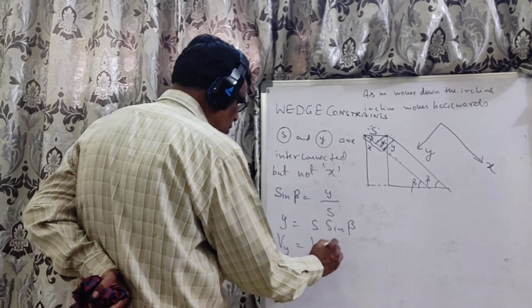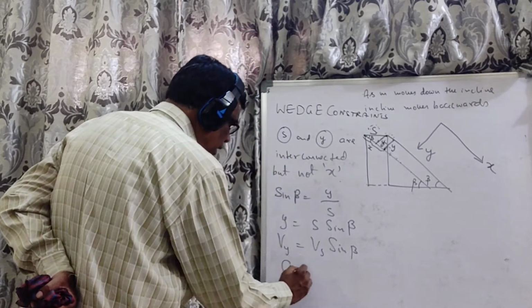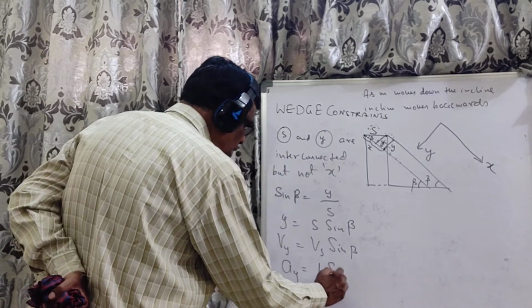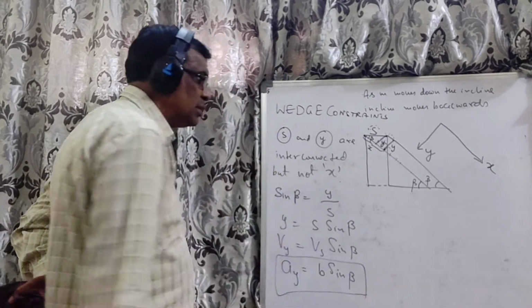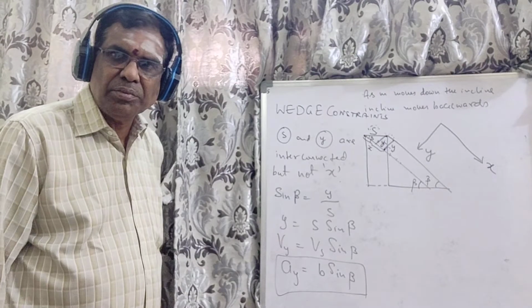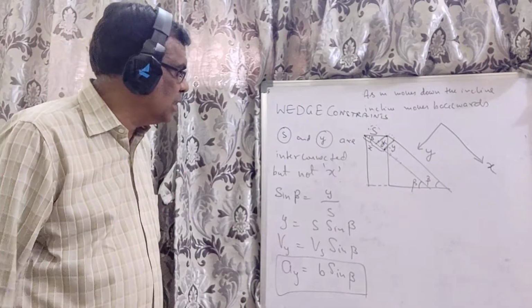Vy is equal to Vs sin beta. Ay is equal to B sin beta. This is the constraint relation. I hope you are able to understand this.